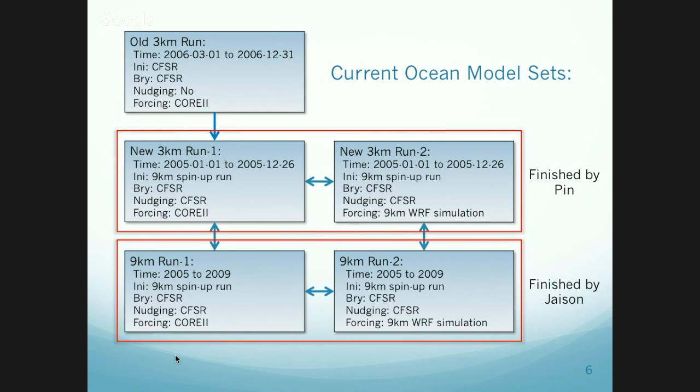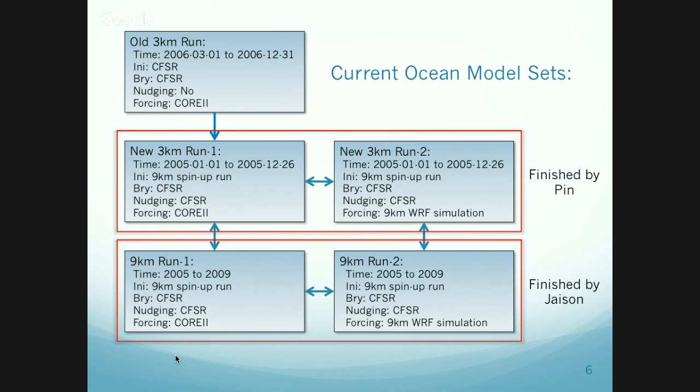Okay, so these four runs all start from the 9-kilometer spin-up run, and the spin-up run is actually initialized by CFSR. So basically all four runs are from CFSR. Now this CORE 2 forcing run, comparing with my old runs, the main difference, first of all, is that the time is different here.